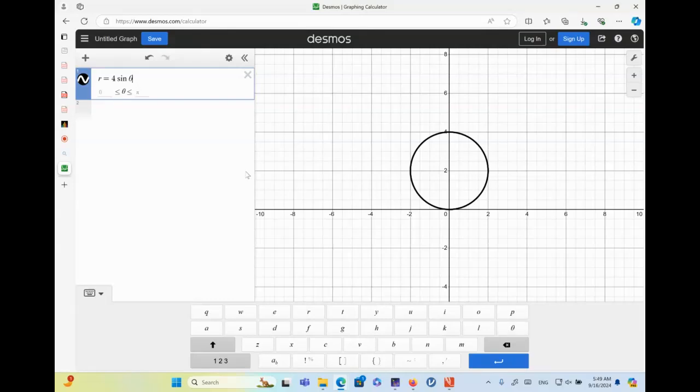And you can see it's exactly the same. So r equal to 4 sine theta is equivalent to the circle x squared plus y squared equal to 4y.